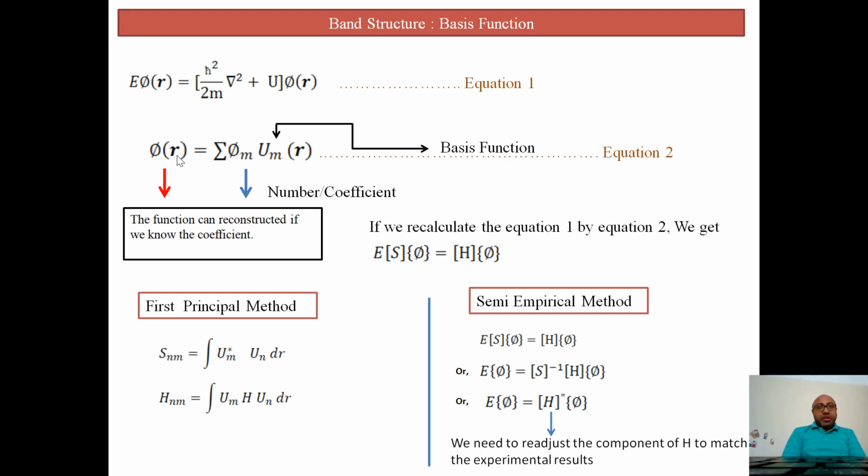That's the idea. But what is a good function that we need to consider to solve such a complicated Schrodinger wave equation? I think an atomistic basis function is nice and good, so let's take such an atomistic basis function.